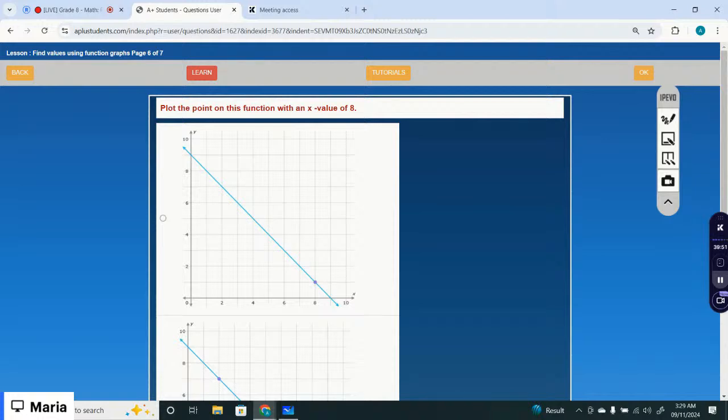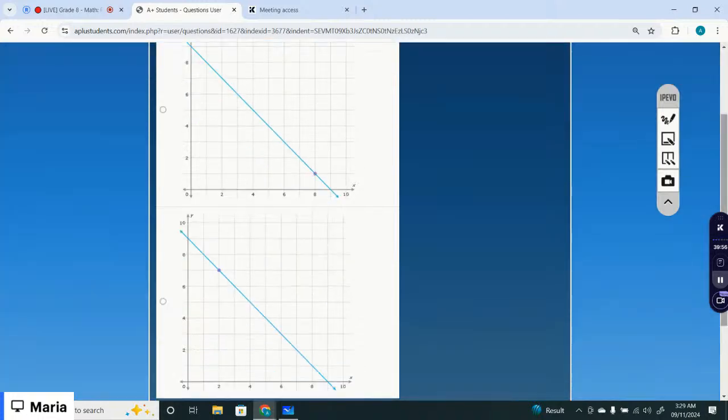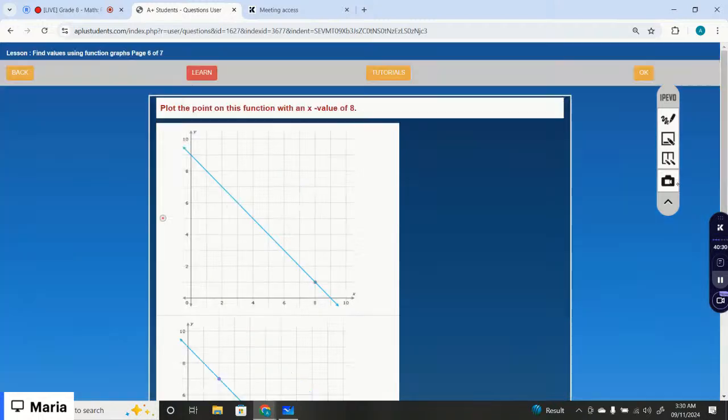Plot the point on the function with an x value of 8. So which is the correct option? Option number 1 is the correct option.